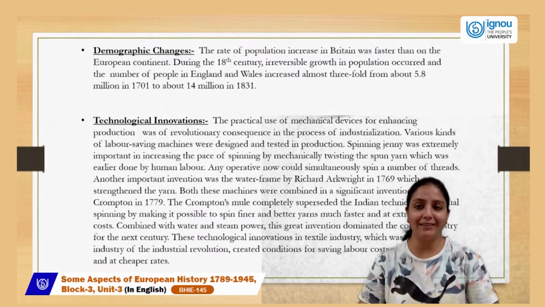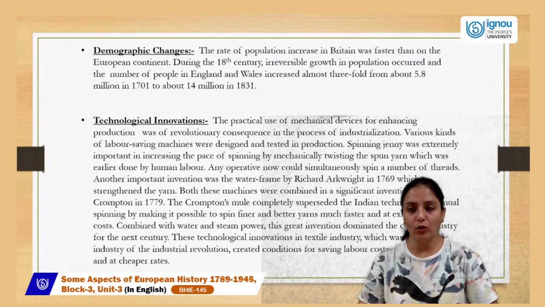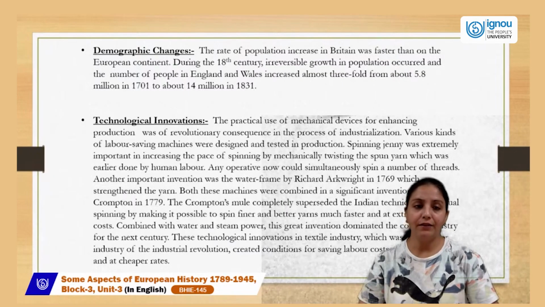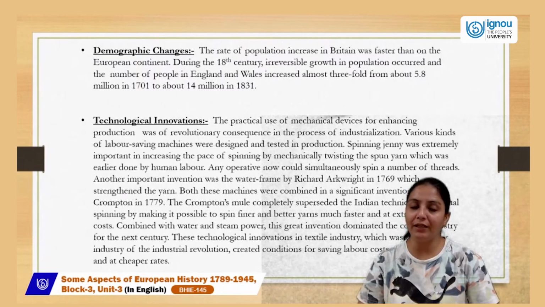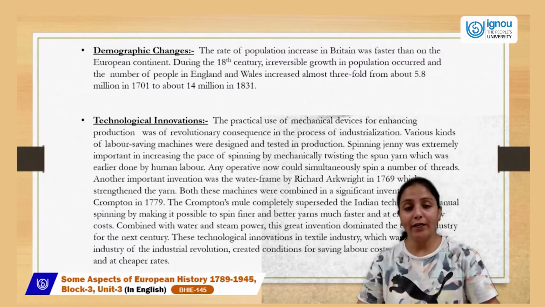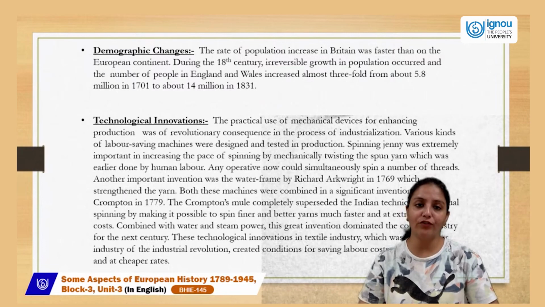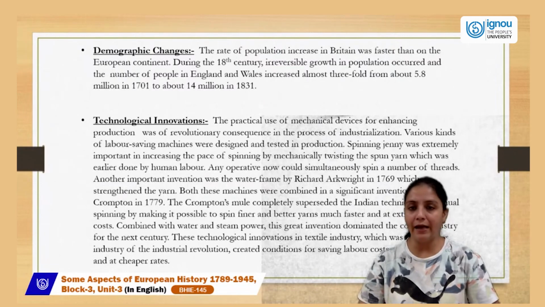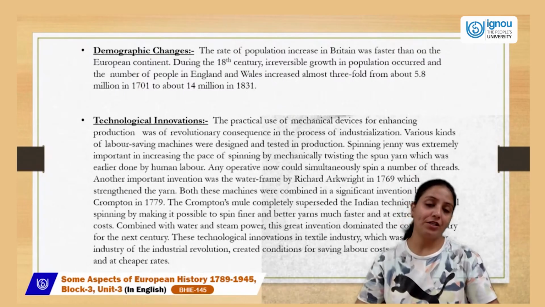During the 18th century, irreversible growth in population occurred, and the number of people in England and Wales increased almost threefold, from about 5.8 million in 1701 to about 14 million in 1831.